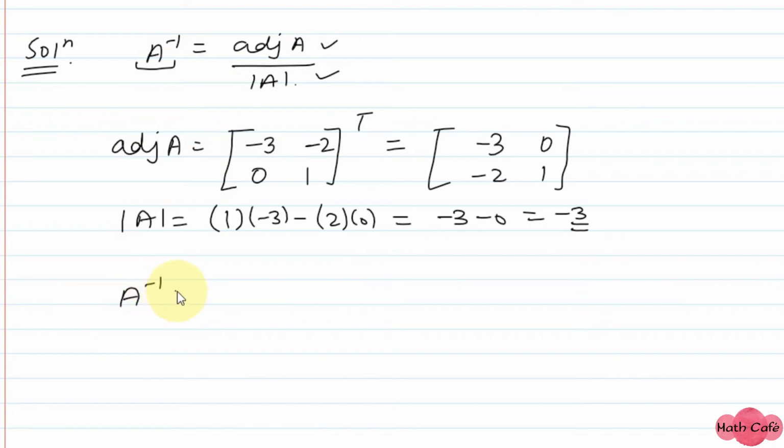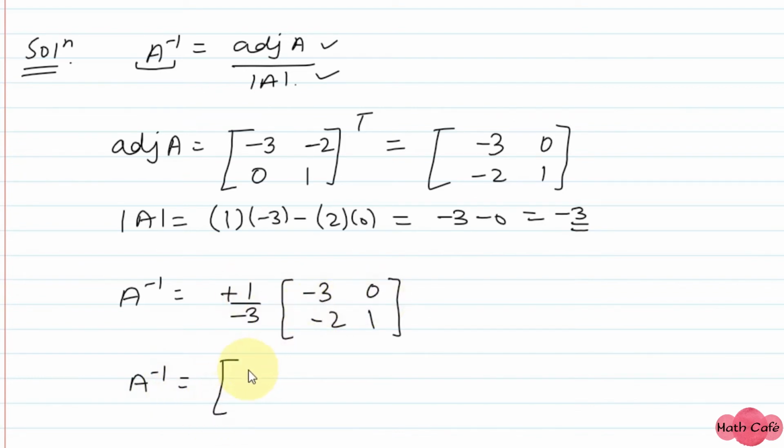A inverse will be 1 upon -3 times adjoint of A, which is -3, 0, -2, 1. Multiplying -1 by 3 with each term, we get 1, 0, 2 by 3 and -1 by 3. This is A inverse.